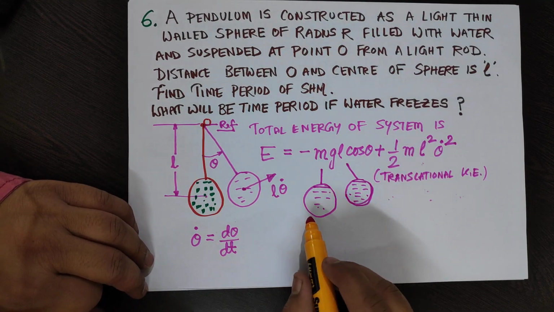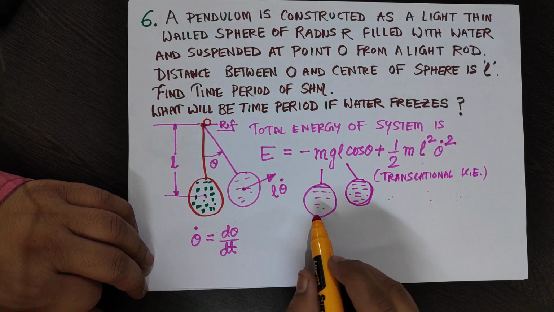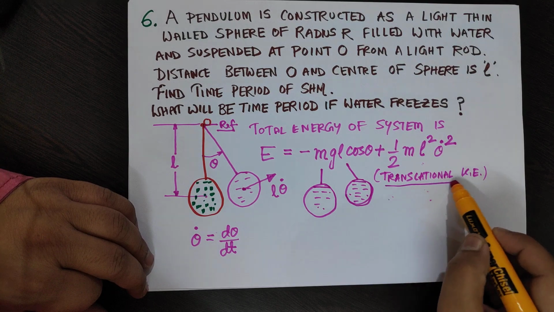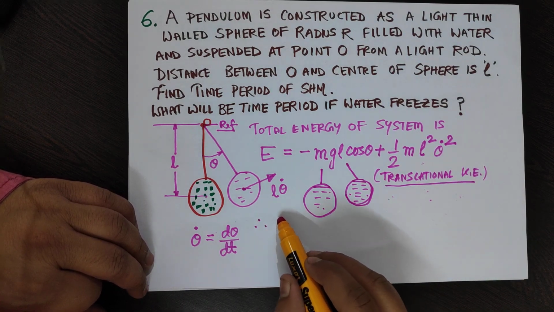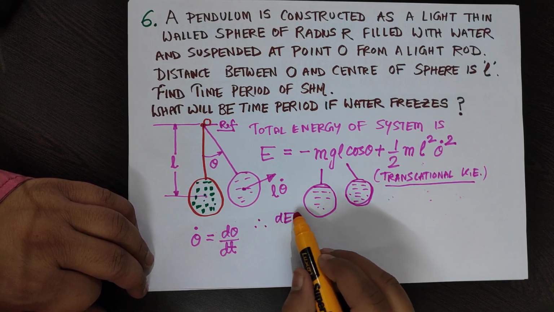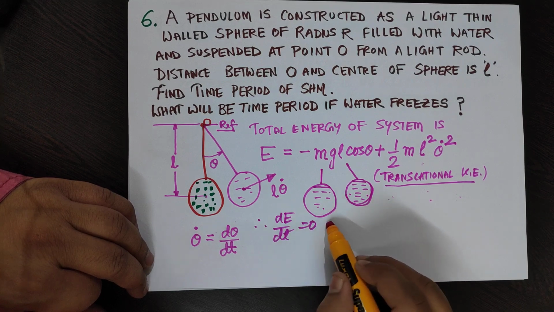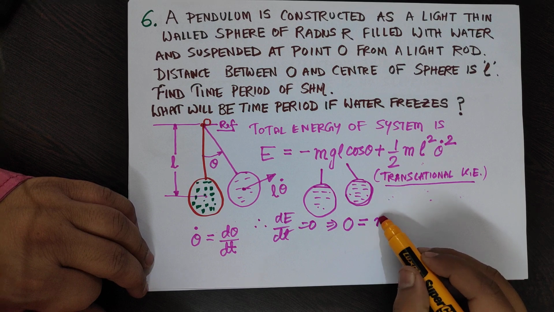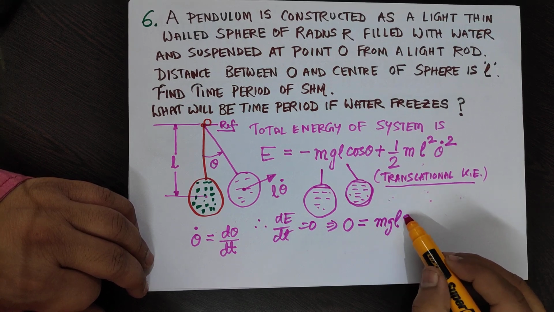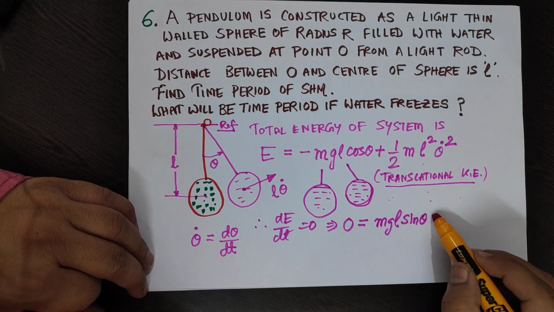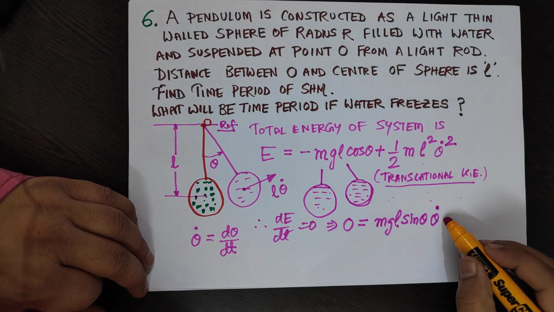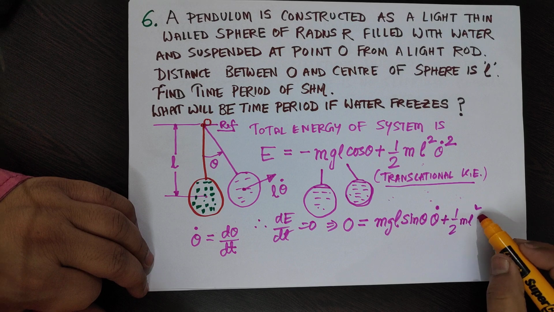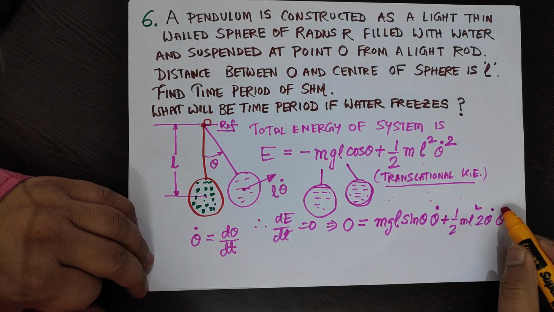Okay, so E is minus mgL cos theta plus half m L square theta dot square, this is translational kinetic energy. Now we can differentiate it with respect to time. dE/dt equal to 0 implies 0 equals mgL sin theta times theta dot plus half m L square times 2 theta dot theta double dot.